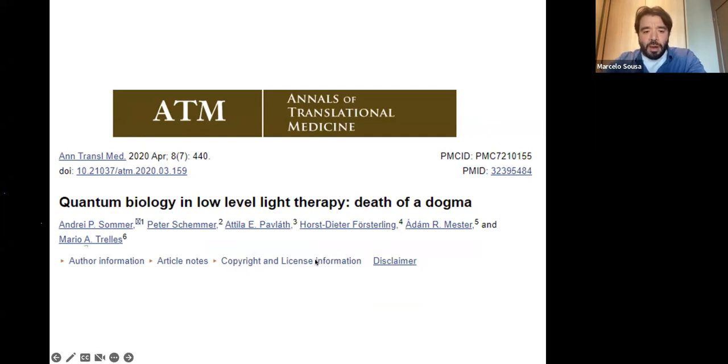And the first dogma of photobiomodulation was that somehow the photons would be absorbed by cytochrome C oxidase, as I said, and we didn't know why it would improve the velocity at which the molecular motor works.